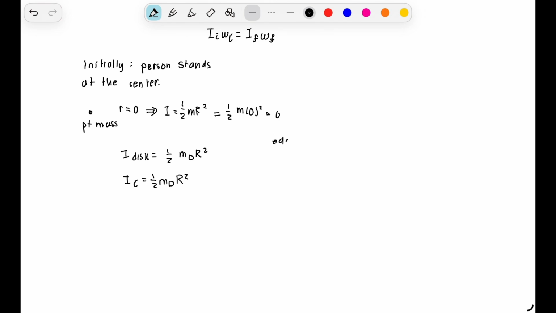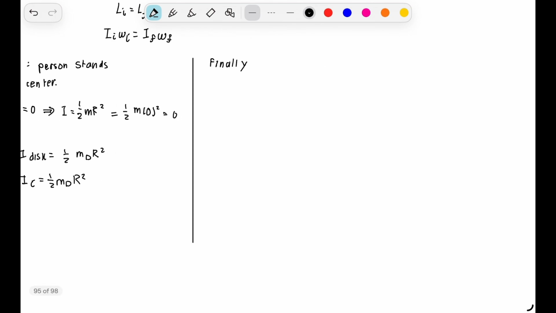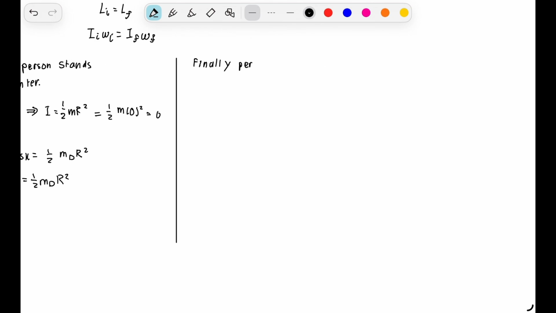So this is when you're at the edge. Finally, our final position is going to be when the person reaches the edge. When this happens, the person is going to behave like a point mass, but this time with a radius that is not equal to 0.